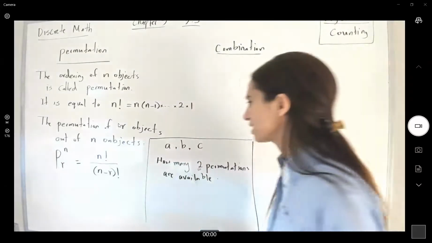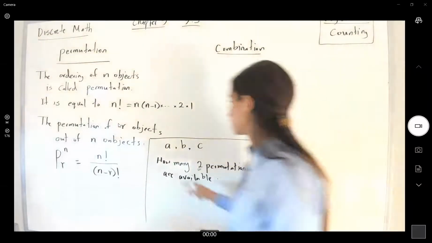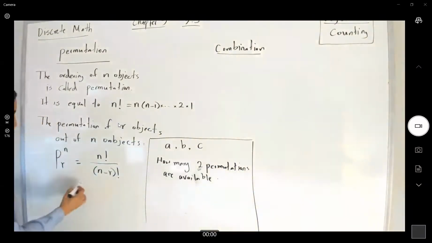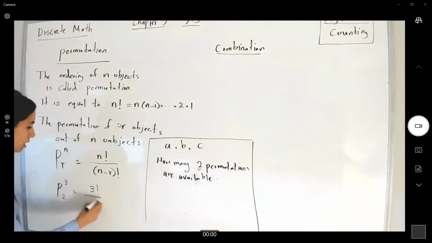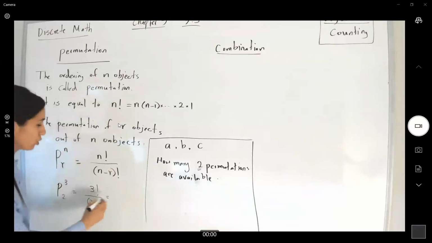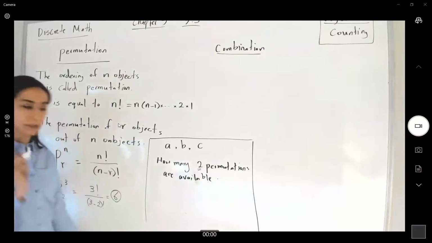Well, you might say that, hey, if I follow the formula, I have 3 objects. It means that I'm finding 2 permutations out of 3 objects. So you have 3 factorial divided by 3 minus 2 factorial, or 1 factorial, which is equal to 3 times 2 times 1, or 6.